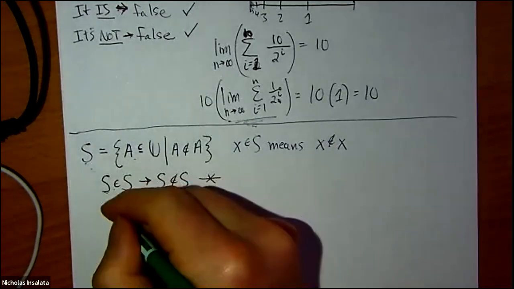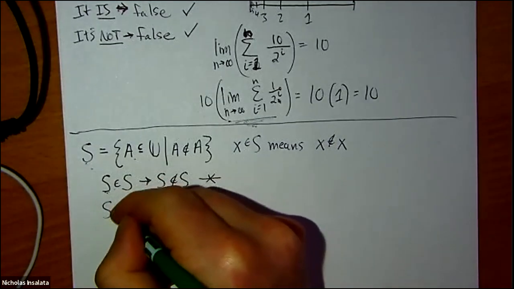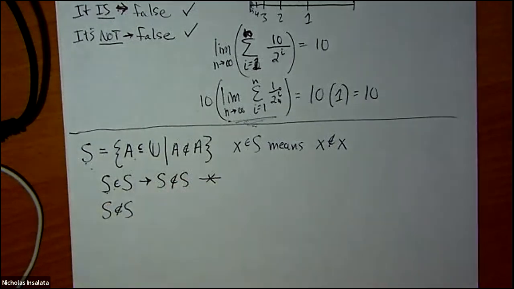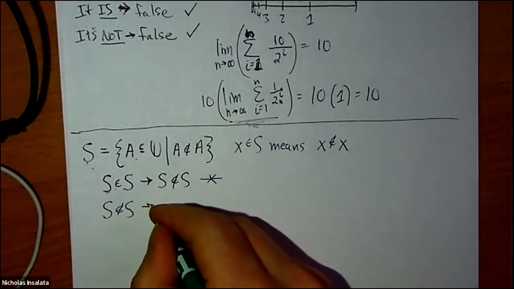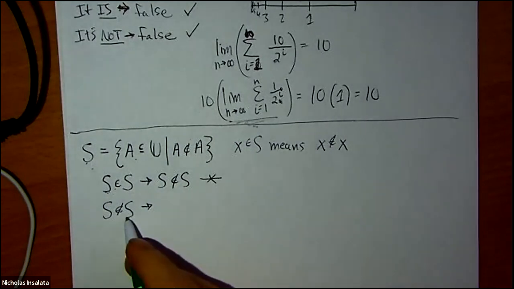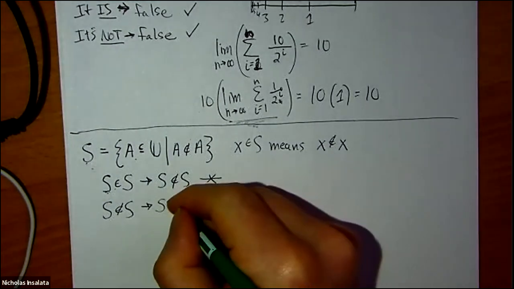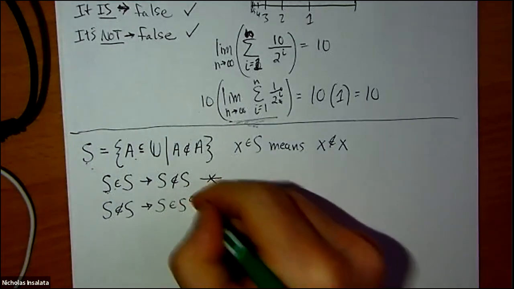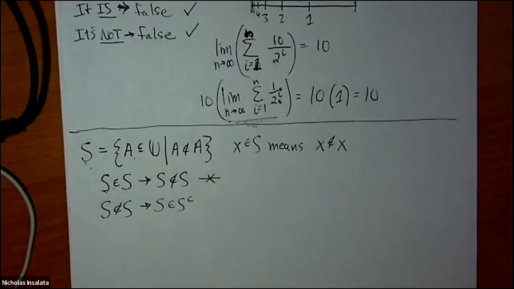Well, what about the other way? What if S is not inside of itself? What does that mean? Then it will be an element of S. If S is not an element of S, that means S is an element of S complement. What is S complement?